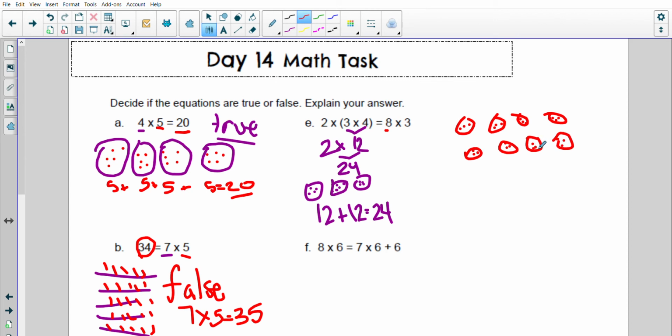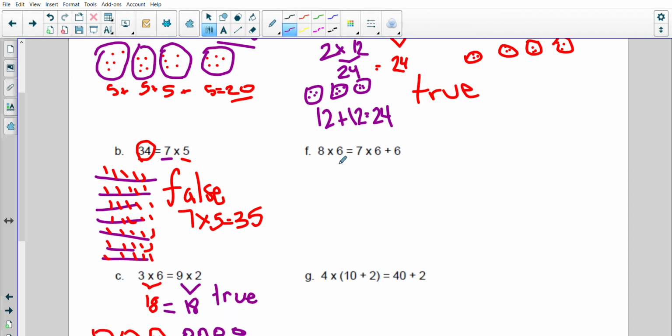So 3, 4, 5, 6, 7, 8, 9, 10, 11, 12, 13, 14, 15, 16, 17, 18, 19, 20, 21, 22, 23, 24. And those are the same. 24 equals 24, so that is also true.